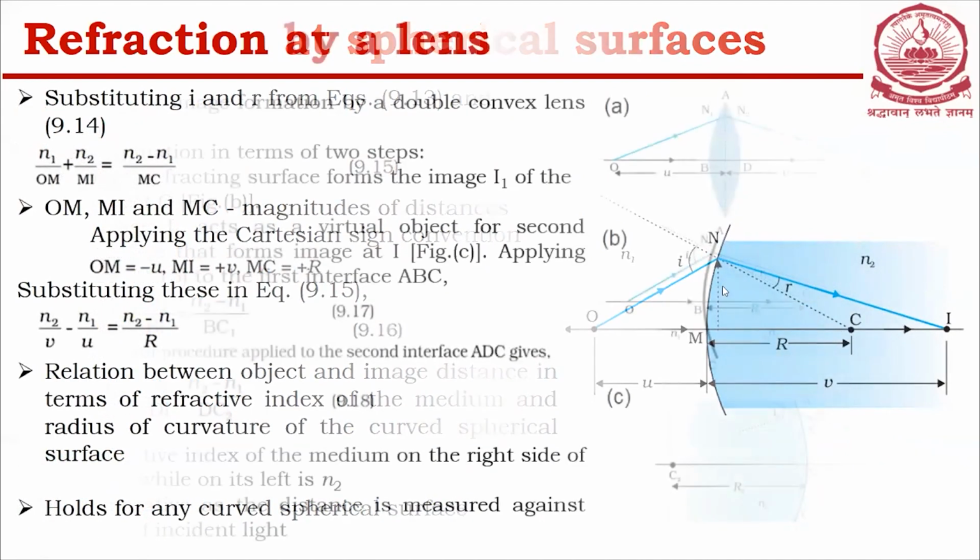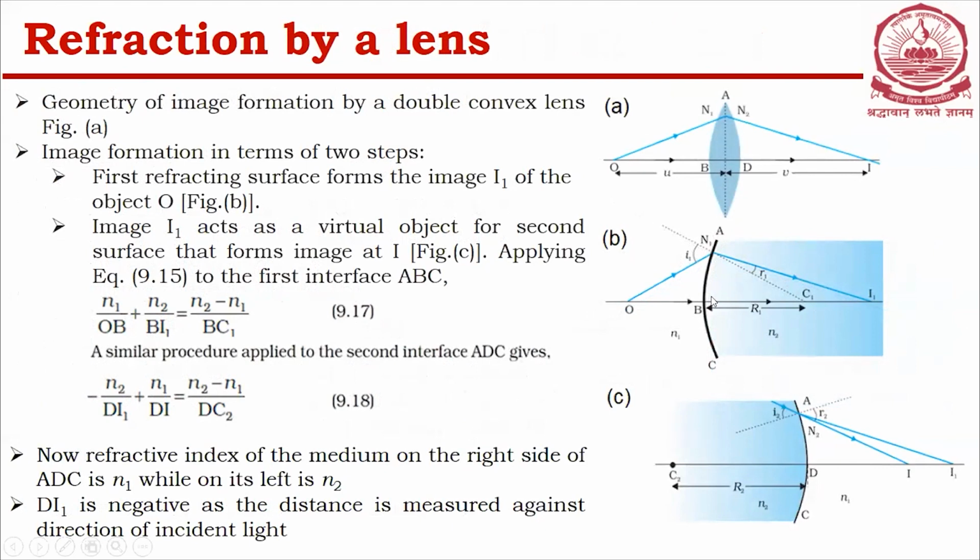I am going to write an equation for the spherical refracting surface, a ray of light going from rarer to denser medium. So you can get this equation: N1 by OB plus N2 by BI1 equal to N2 minus N1 by BC. This is the first surface equation.